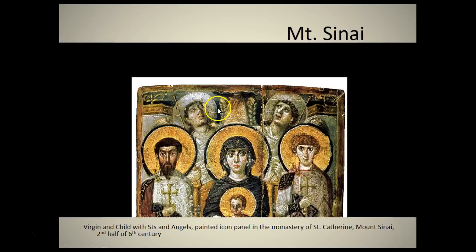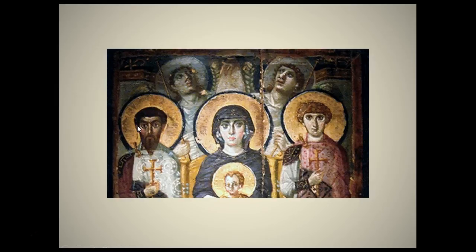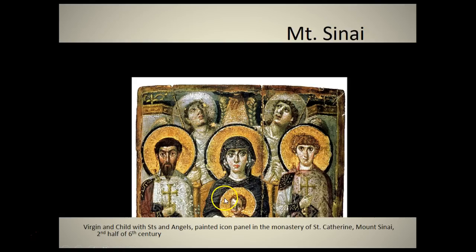And with this architecture, there's an attempt to recede a little bit into space, so the space isn't as compressed. But again, it is very distinctly Byzantine, with the flat halos, these Byzantine faces and slender bodies.